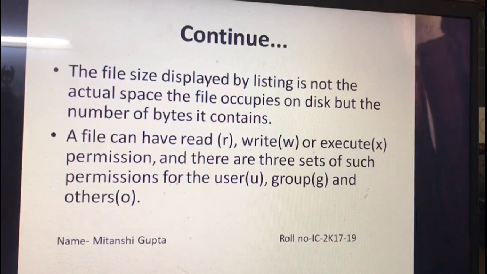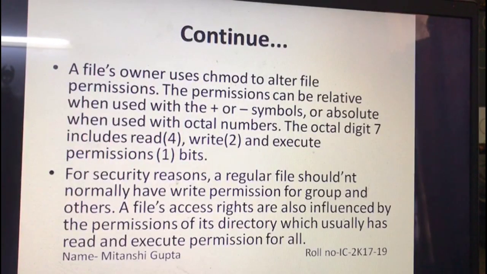The fifth point is a file can have read, write and execute permission, which is denoted by r, w and x, and there are 3 sets of such permissions for the user, group and others. Now coming to the next point, a file's owner uses chmod to alter file permission.